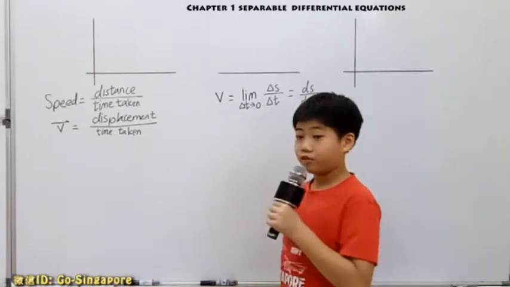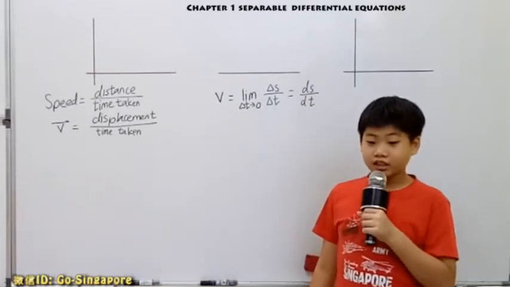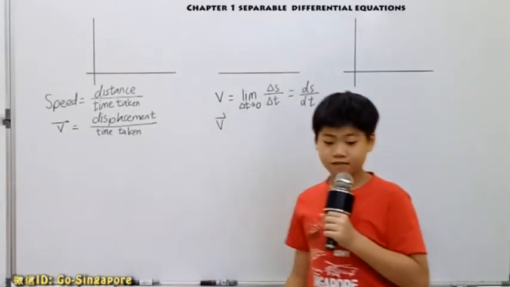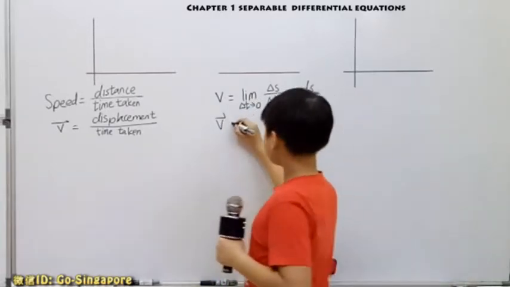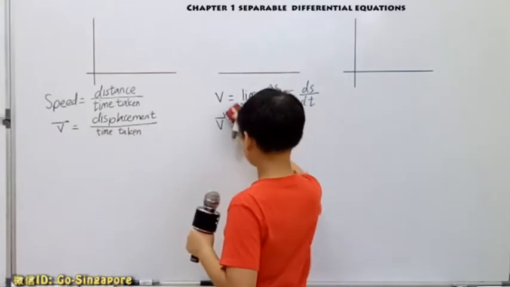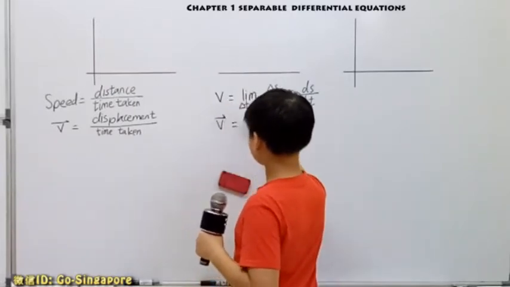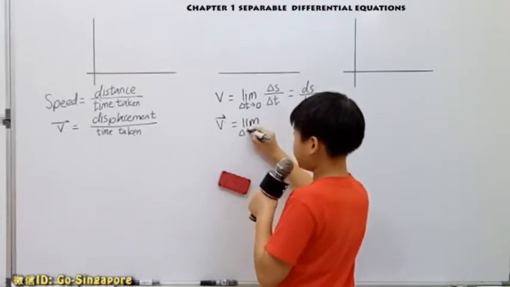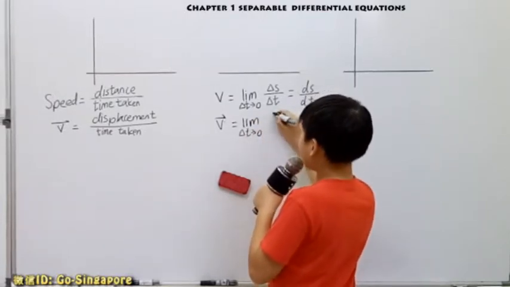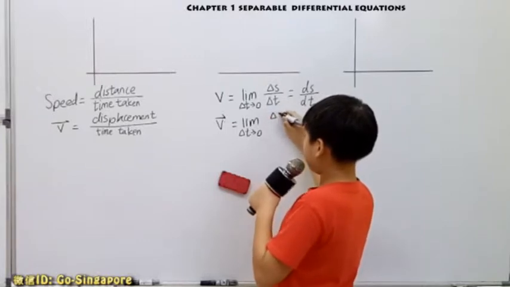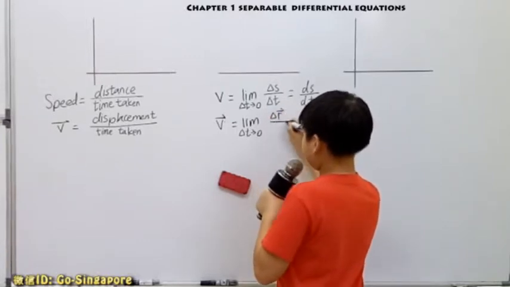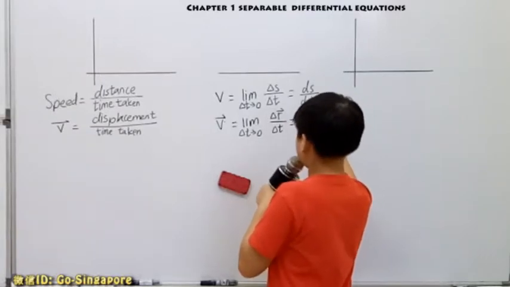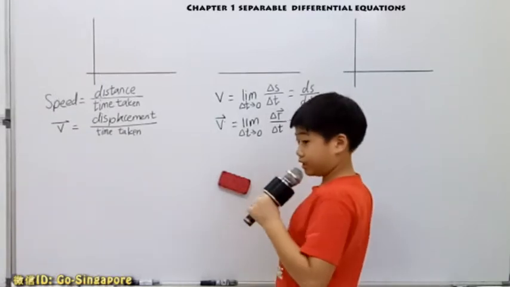For A-math, we have the vector. So this is the limit as delta t approaches 0 of delta r vector over delta t, which is dr vector over dt.